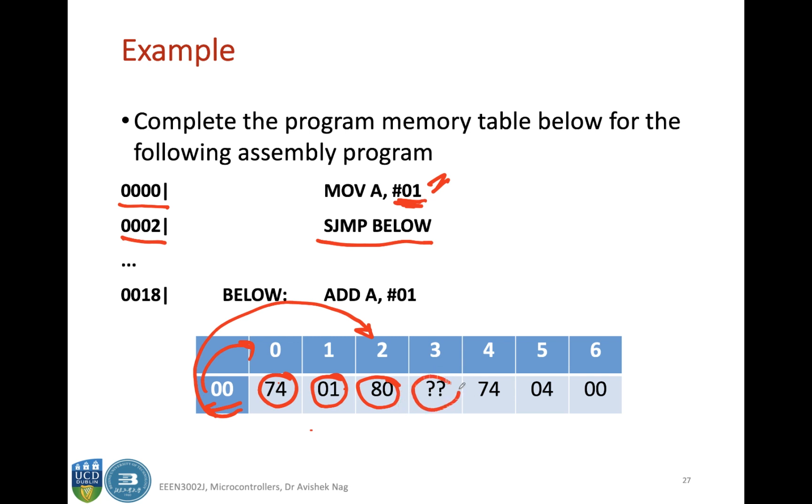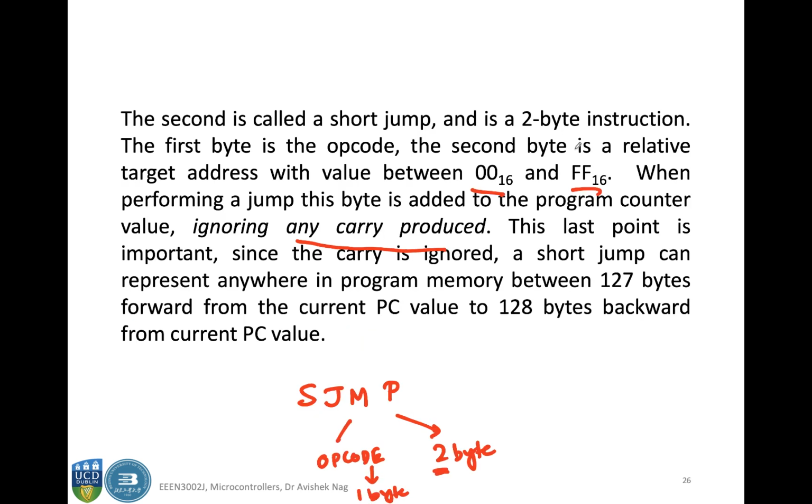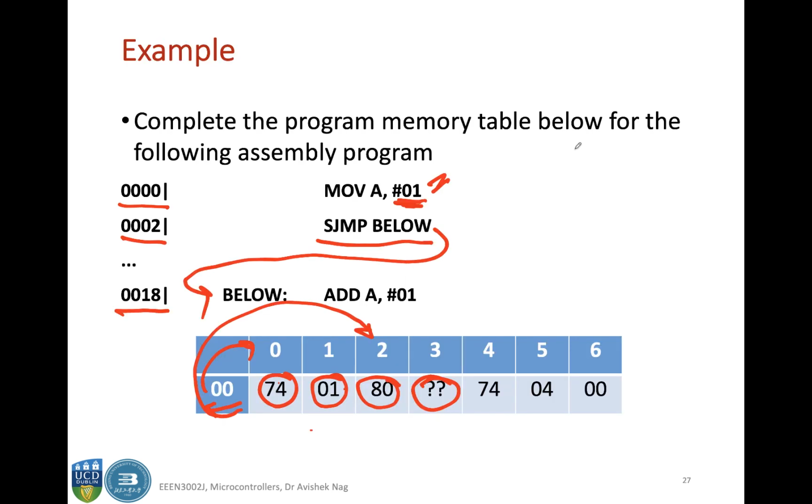Now the question here is what will be here so that it can jump to this line. And this line starts from 0018. So whatever was mentioned in this slide is that the byte that should follow the opcode for short jump, which is 80, is the value that you need to add to the program counter so that it can move to this line.